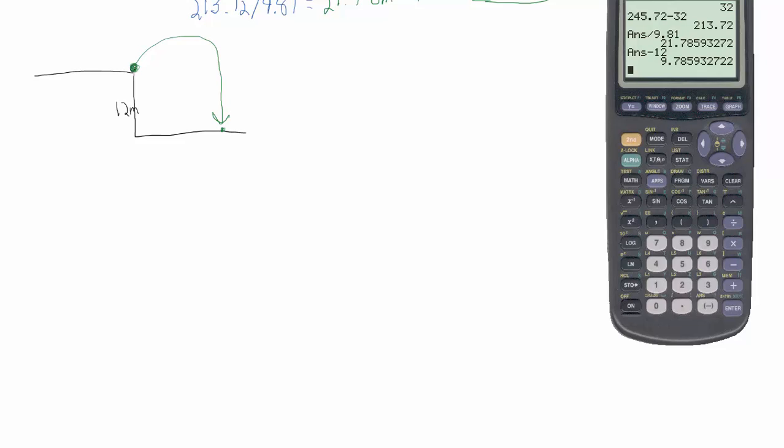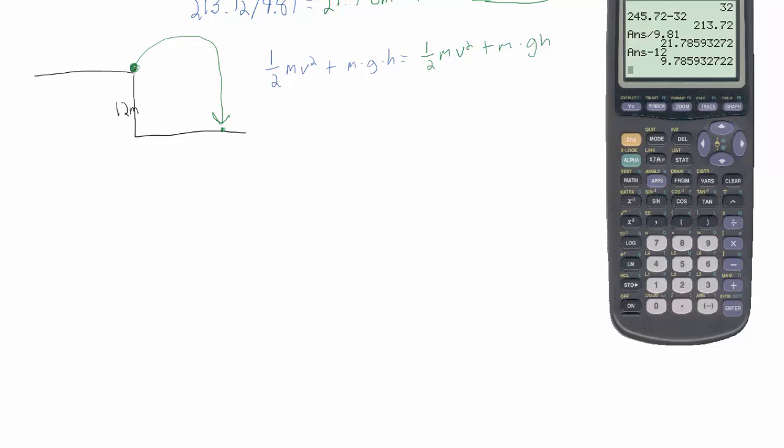And so what we can do is we know that 1/2 times mass times velocity squared plus mass times gravity times height equals 1/2 times mass times velocity squared plus mass times gravity times height.